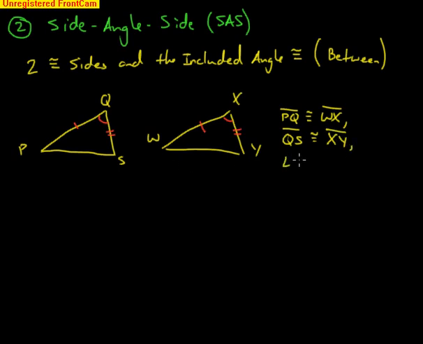And angle Q is congruent to angle X. These three pieces of information create only one triangle in the universe. Any triangle that has this relationship is going to be congruent to these two triangles. So these two triangles are congruent to each other. This information tells us that triangle PQS is congruent to triangle WXY.